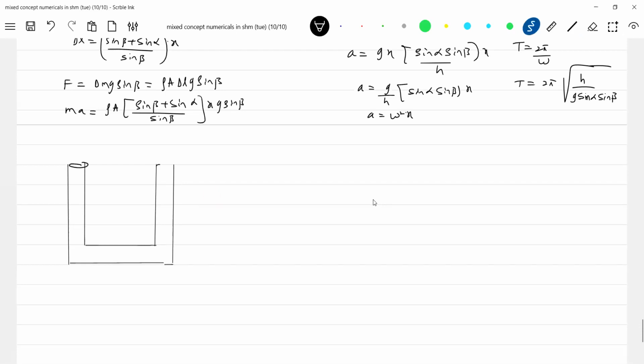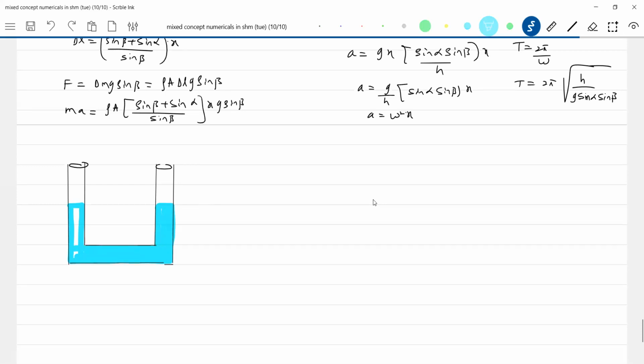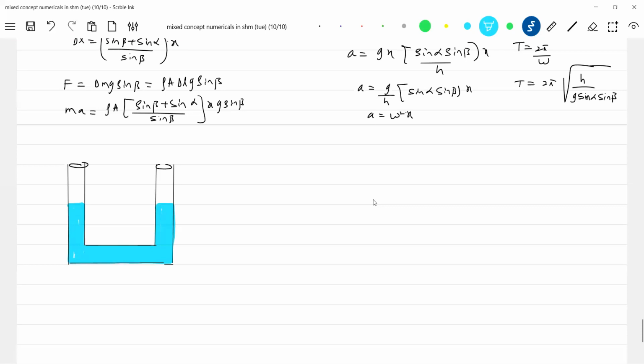If it is like this, I'll fill up a liquid to length h, and it is kept on the ground.